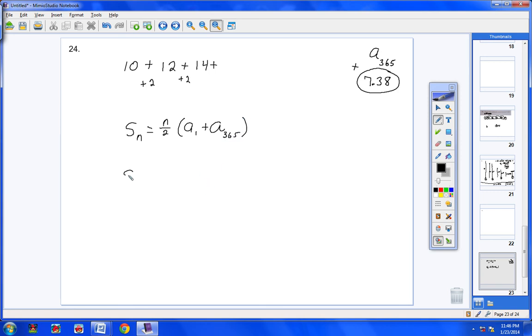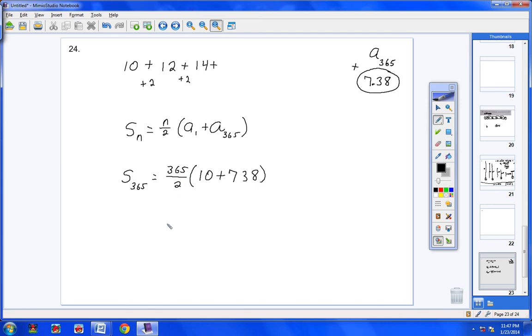So the sum of 365 terms is 365 over 2, times 10 plus, now don't put 7.38 for your last term. If you're going to put 7.38, you better put 0.10 for 10 cents, okay? My recommendation is just to leave everything in cents. So just put 10 cents and 738 cents.